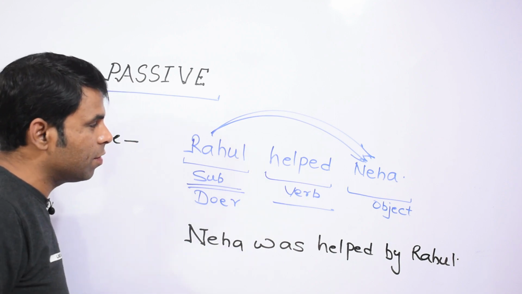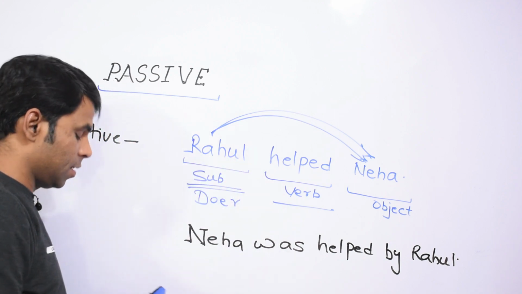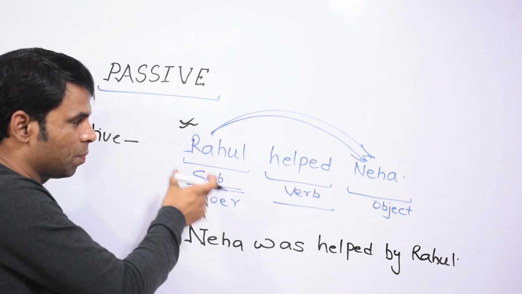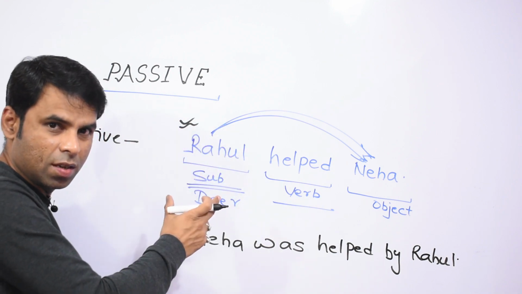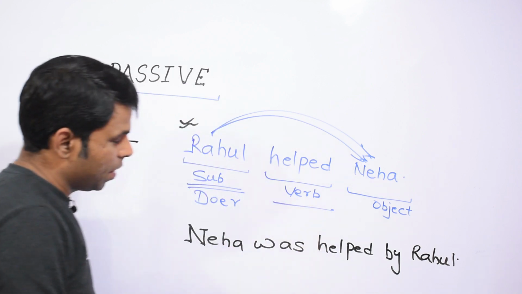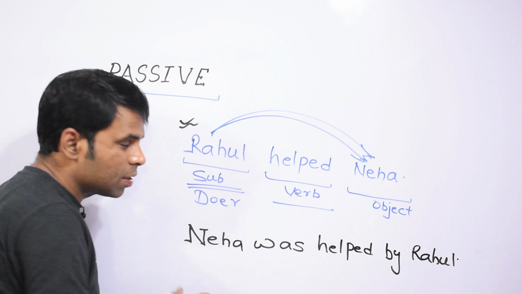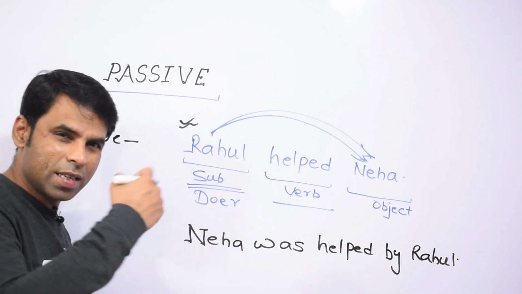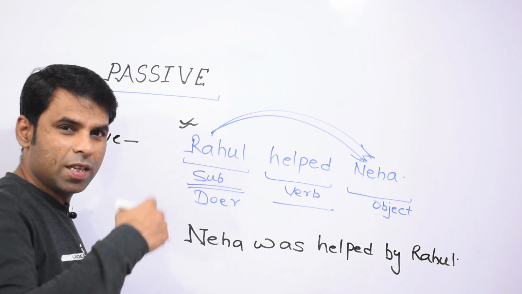The only difference is that in the first sentence my focus is on the doer, the person who performed the task. Here my focus is on the person who was impacted by that, who received the action.